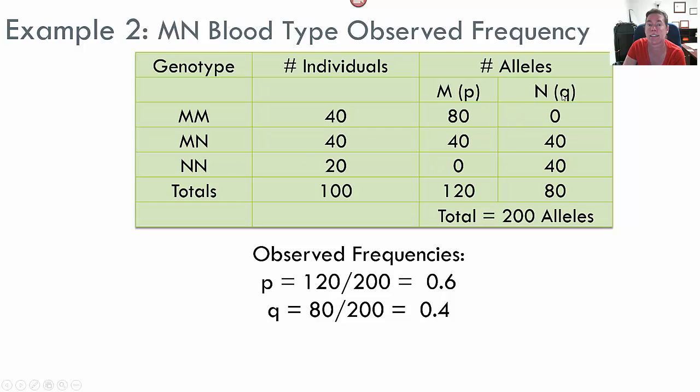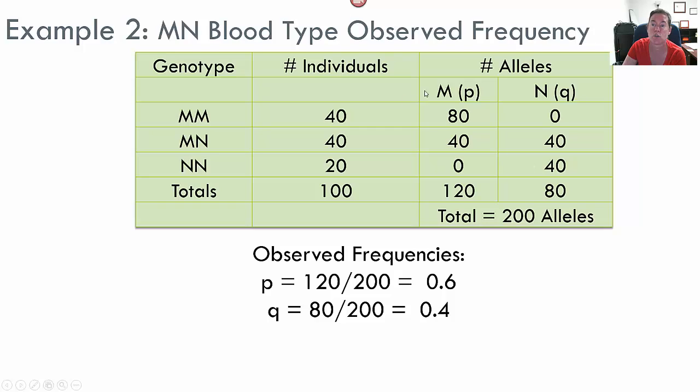We now calculate the N alleles, or the Q. The number for the homozygous dominant, MM, is 0 because there are no N alleles. The number of N alleles for the heterozygote is 40. And the number of N alleles for the homozygous recessive genotype is 20 times 2, which equals 40.